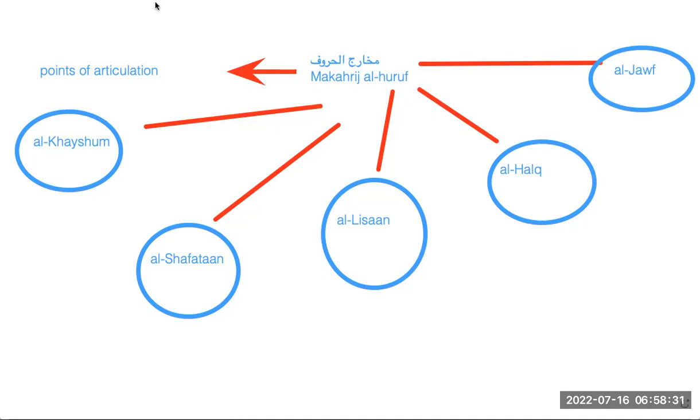Okay, so Al-Jawf here is not divided. We only have 3 letters assigned to it. The letters assigned to Al-Jawf are Huruf al-Mad.